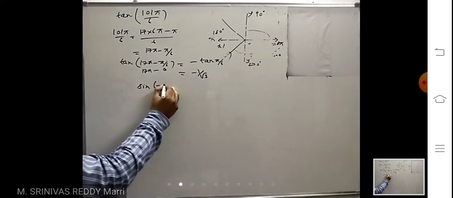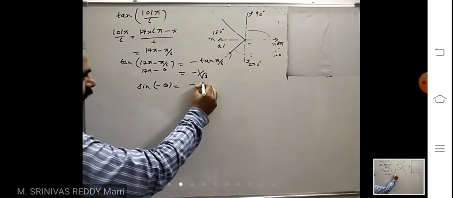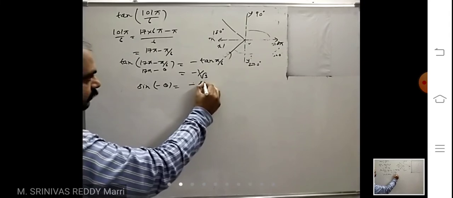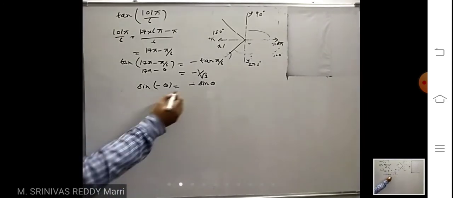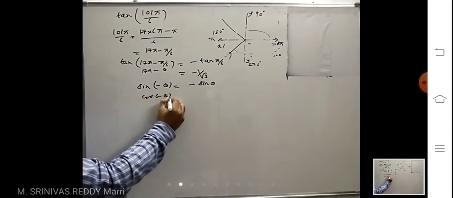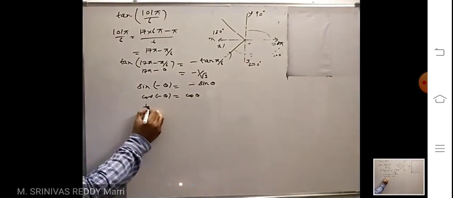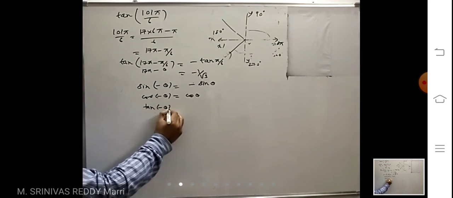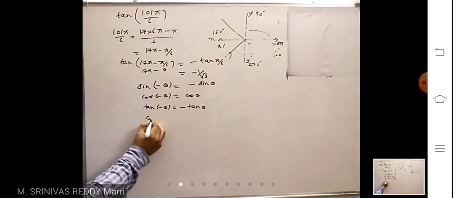Another formulas are there. Minus theta. Look at. Sine of minus theta is minus sine theta. Cos of minus theta is cos theta. Immediately, whatever the minus is there, we eliminate that.